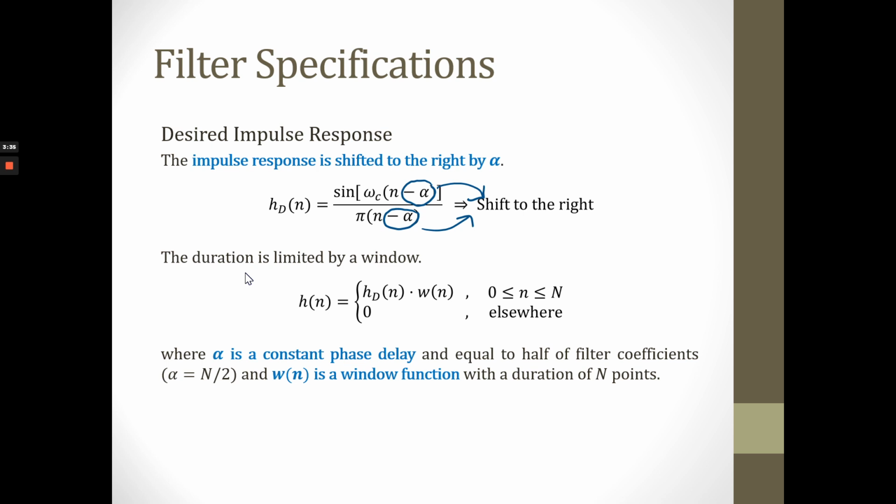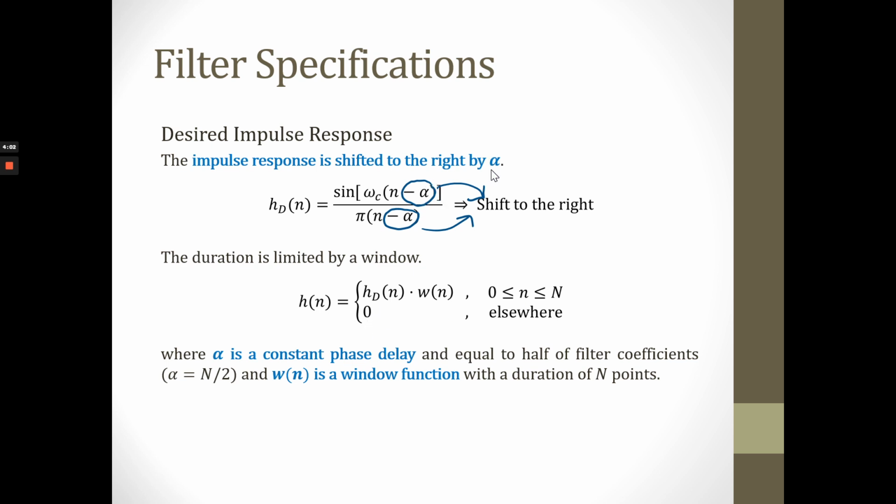And then we have the duration, where it is limited by a window. For h[n], it is equal to h_d[n], the desired impulse response, multiplied with w[n], the window function, for n larger than 0 and lesser than N. Otherwise, it is equal to 0.